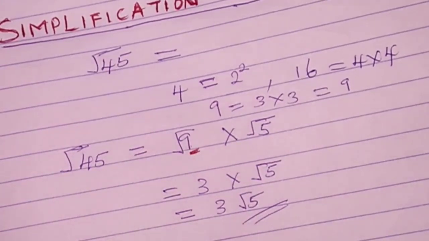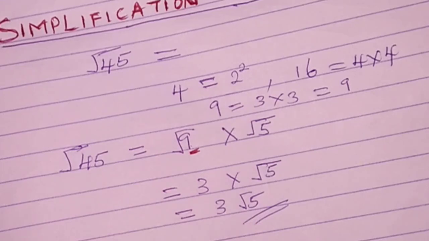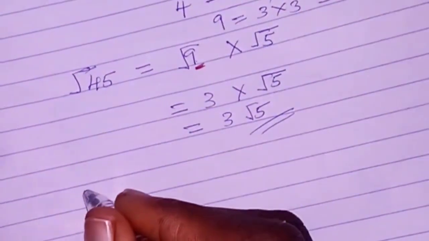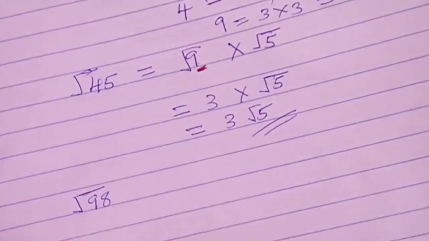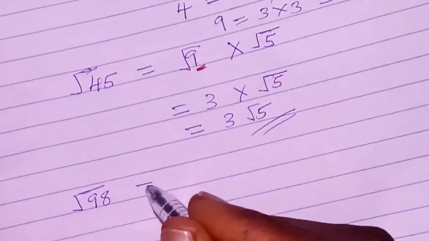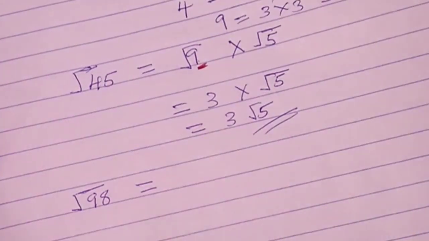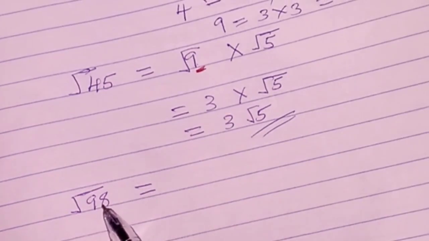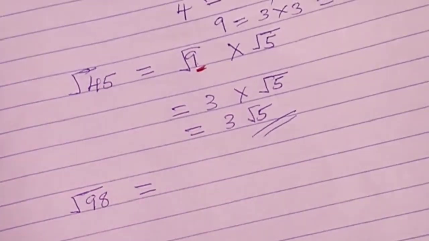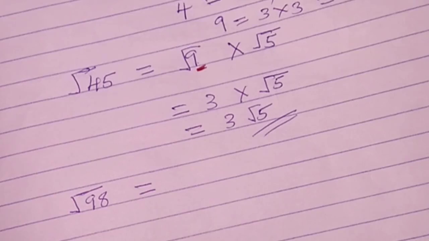Now take for instance, you are given, let's say, root 98. To simplify root 98, I'm going to think of two numbers that when multiplied will give me 98, but at least one of the numbers should be a perfect square.